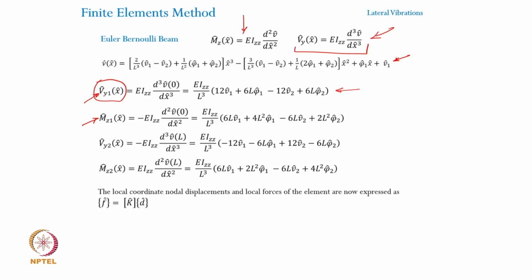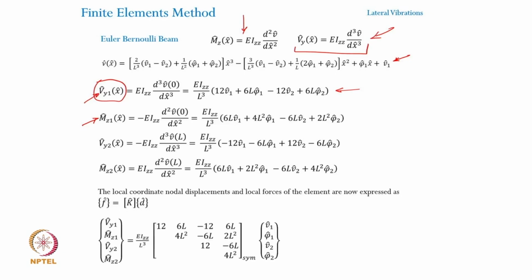Once you do that, then I can establish the relationship between the nodal forces and the nodal displacements. So F cap is now going to be Vy1 cap, Mz1 cap, which pertains to the forces at the left side node, whereas these are the forces on the right side node, and they are correspondingly related to the nodal displacements v1 cap and phi 1 cap and these ones.